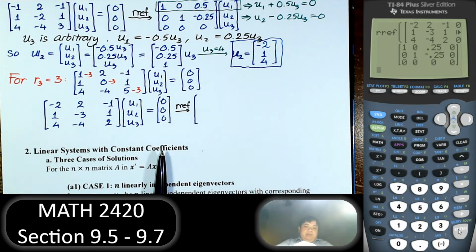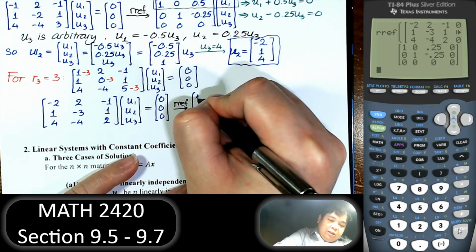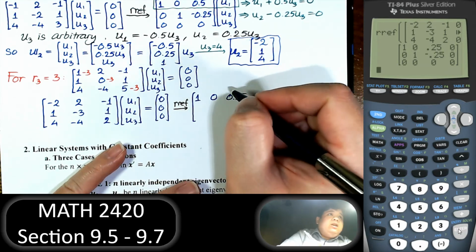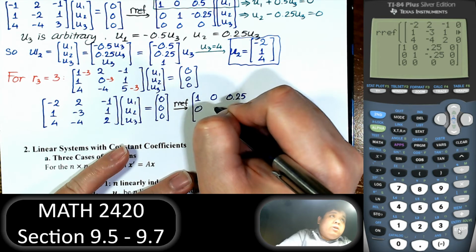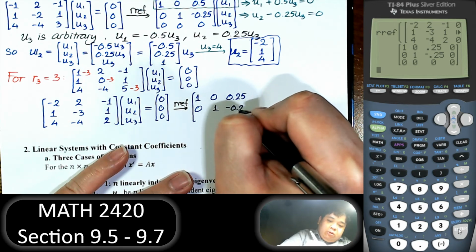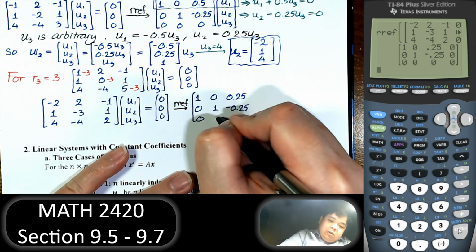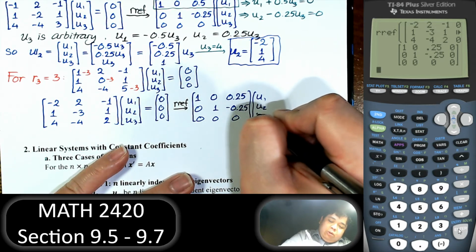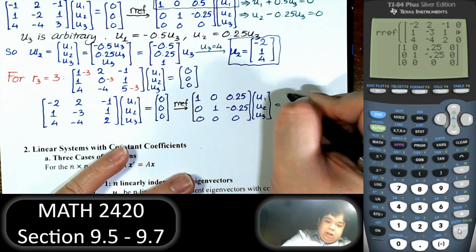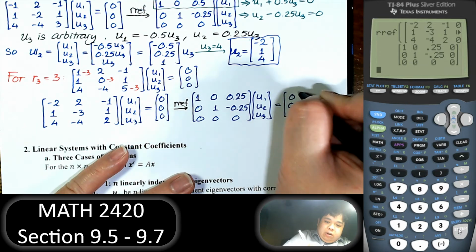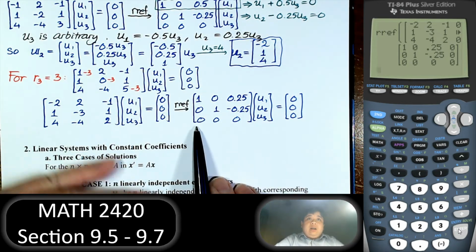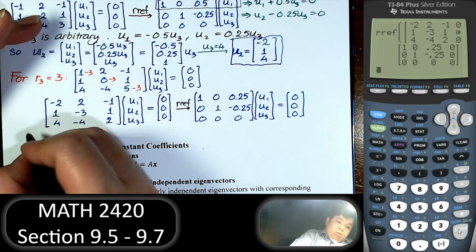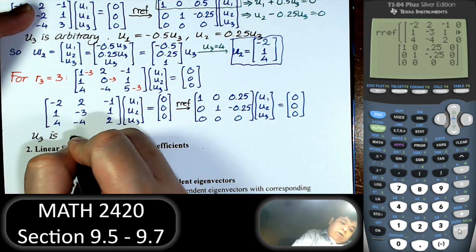Right, so we have that: 1, 0, 0.25, or 1 over 4, 0, 1, -0.25, 0, 0, 0, times u1, u2, u3 equal to 0, 0, 0. Once again, 1 and 1 here, so the last column is non-basic, so we say u3 is arbitrary.